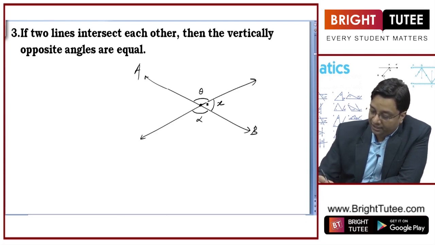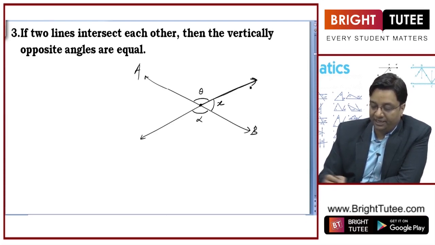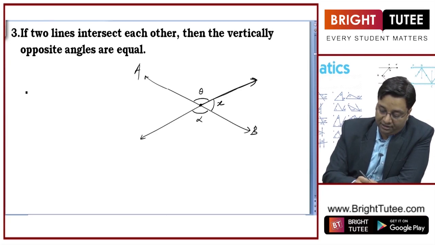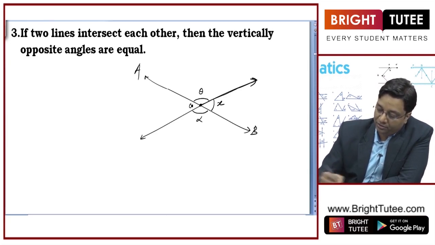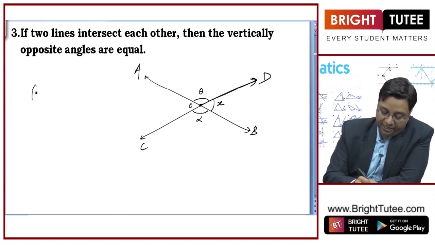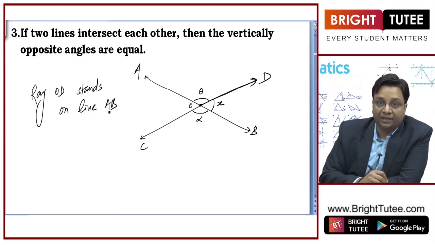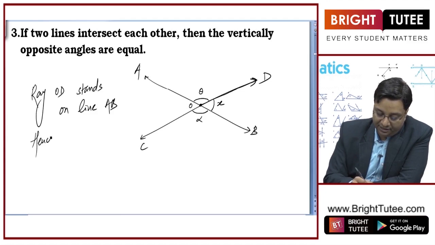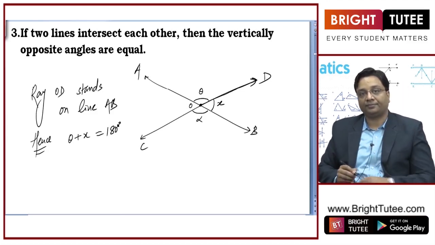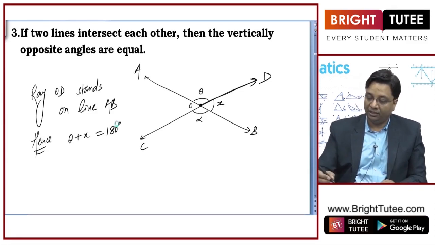This ray stands on line AB. Let us name these also, O, C, D. So ray OD stands on line AB. Hence, adjacent angles theta plus x will be equal to 180 degrees. This is what we studied till now.